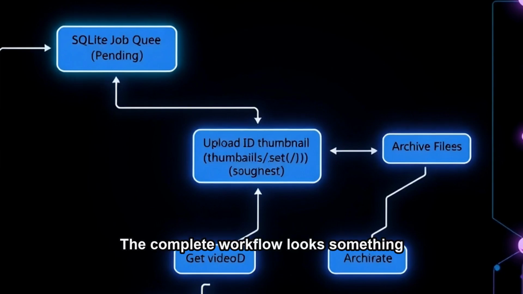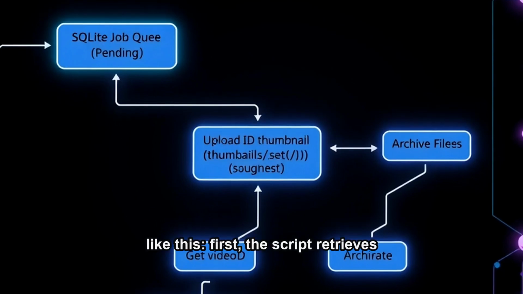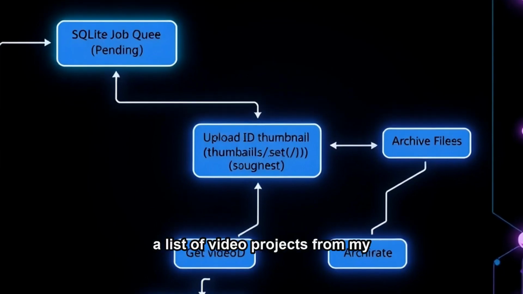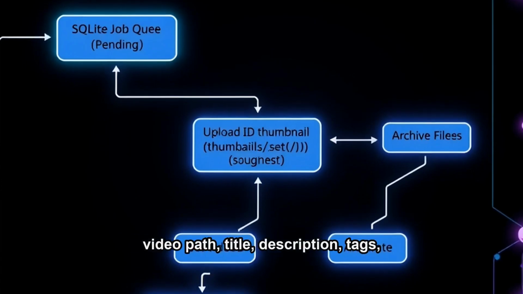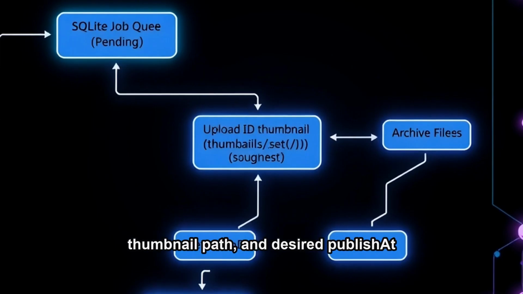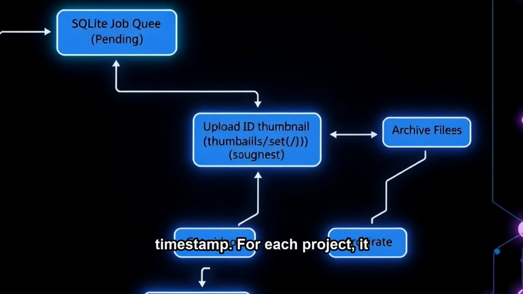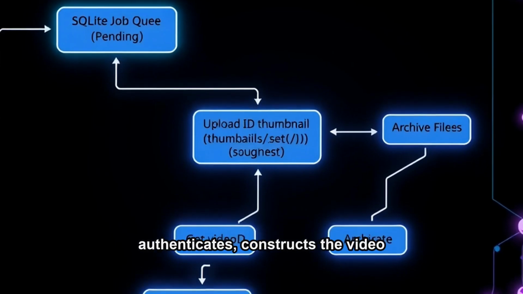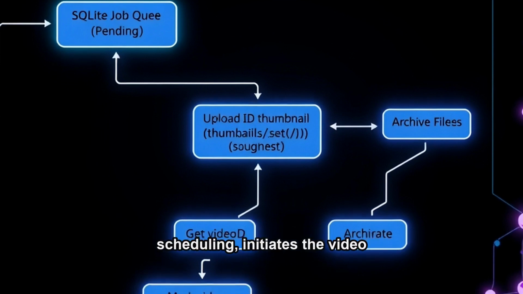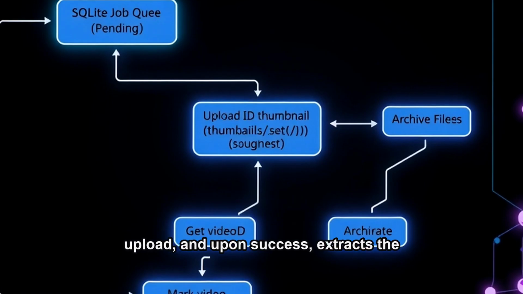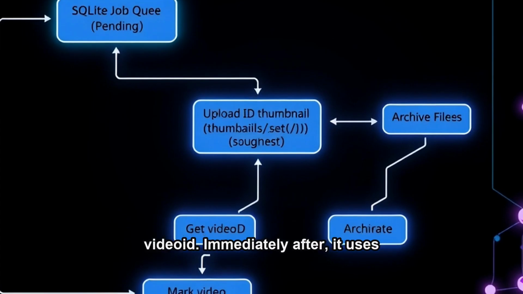The complete workflow looks something like this. First, the script retrieves a list of video projects from my SQLite job queue, each containing the video path, title, description, tags, thumbnail path, and desired publishAt timestamp. For each project, it authenticates, constructs the video body including the publishAt for scheduling, initiates the video upload, and upon success, extracts the video ID.